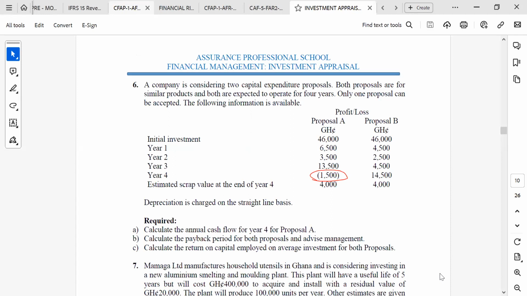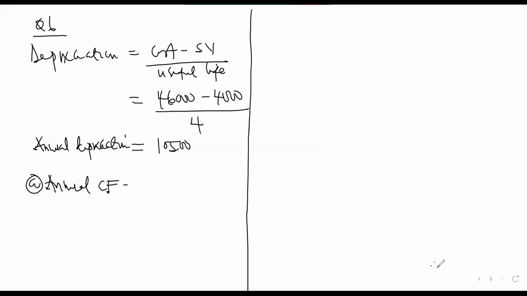So what will be the cash flow? Okay, so the annual cash flow will be the profit, 12,000. Are you sure?